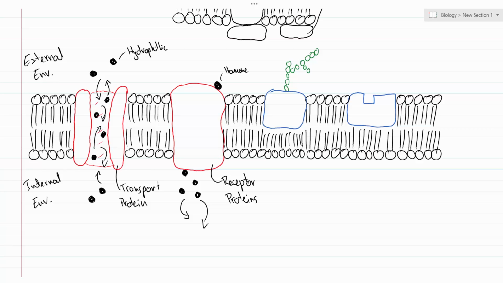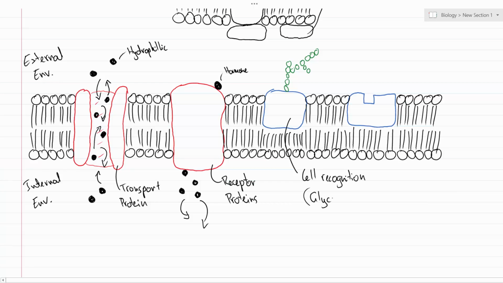We've also got some proteins which are involved in cell recognition. So we can call these, here we have a glycolipid. You can see it only spans part of the cell membrane. We would still refer to this as an integral protein though. So this glycolipid is a particular, let me say that again.